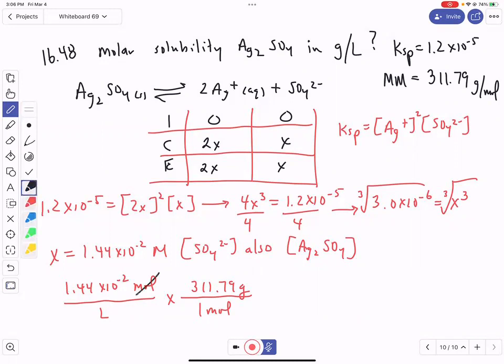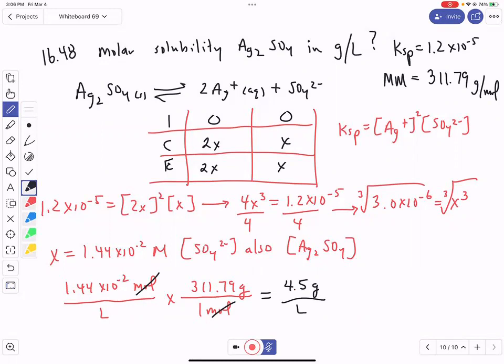So moles cancel out. We multiply by 311.79. And I get about 4.5 grams per liter of silver sulfate for that.